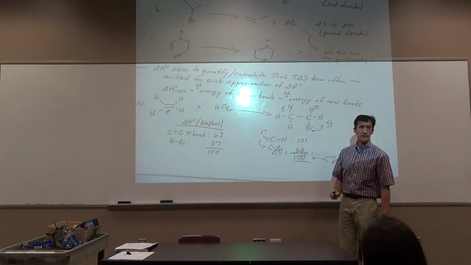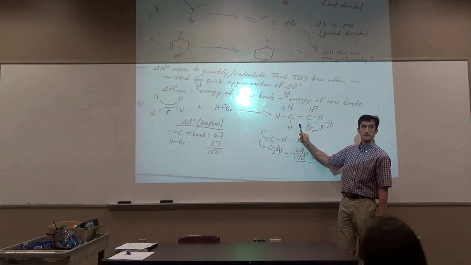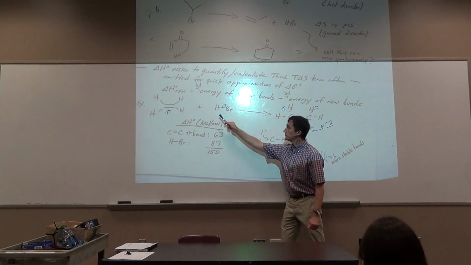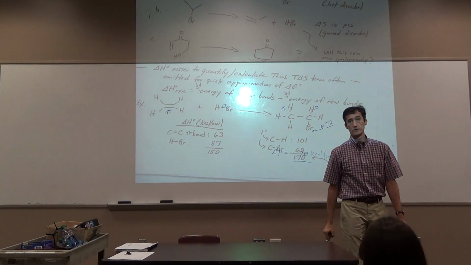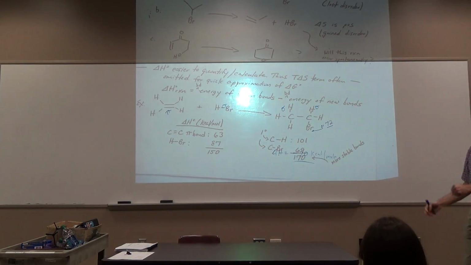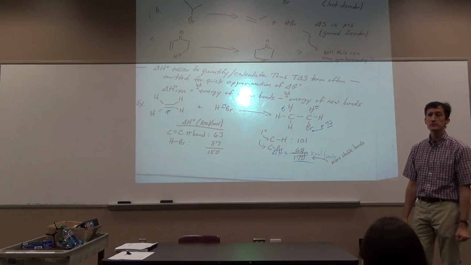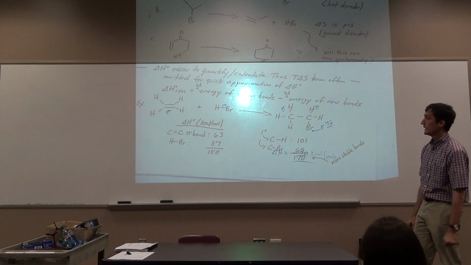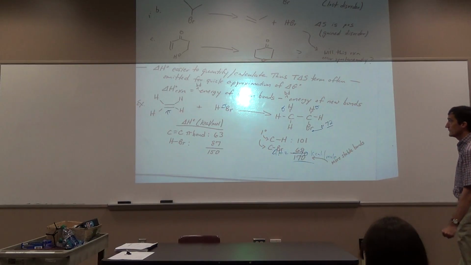Is this reaction favored by entropy? No. 2 molecules going to 1. So one term is favorable, the other is not. That makes you kind of question, is delta G going to be favored overall? And it would be difficult to assess for what we're going to be doing.